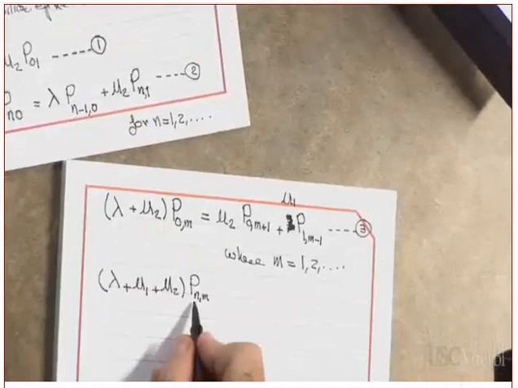Probability of n1 equal to n, n2 equal to m is equal to (1 minus rho 1) to the n times (1 minus rho 2) to the m. This is equation 5, where rho 1 is equal to lambda over mu1, and rho 2 is equal to lambda over mu2.